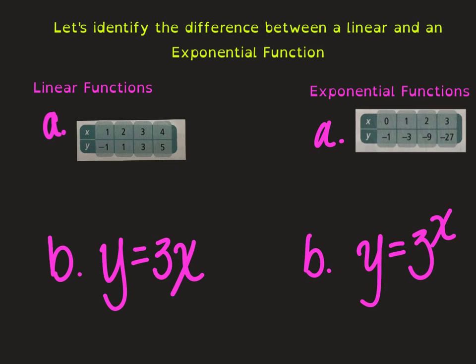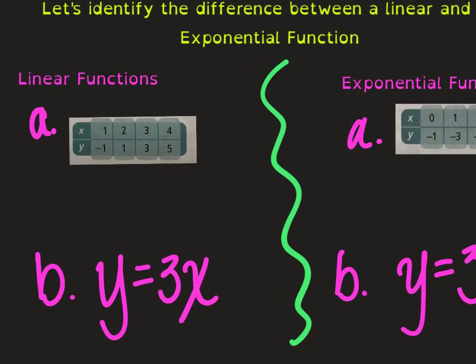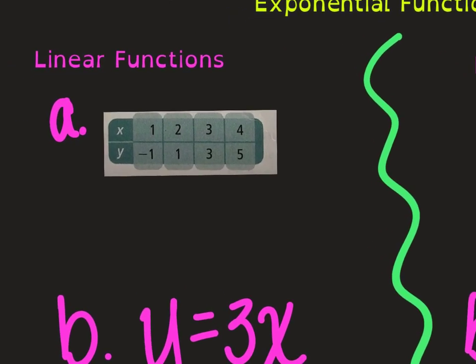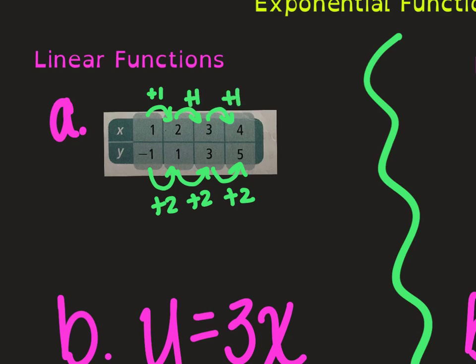All right, I wanted to talk about linear functions versus exponential functions. If we take a look at the linear functions, we know that this table is linear because we can see that here it's going up by 2, up by 2, up by 2, and our x value is going up by 1, up by 1, up by 1.